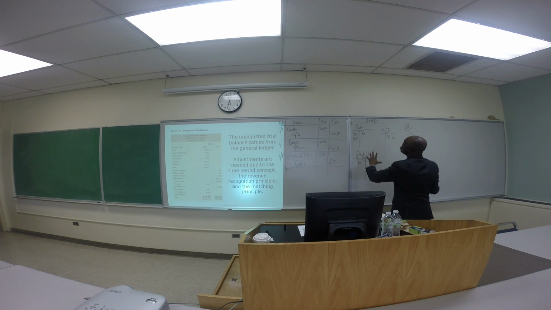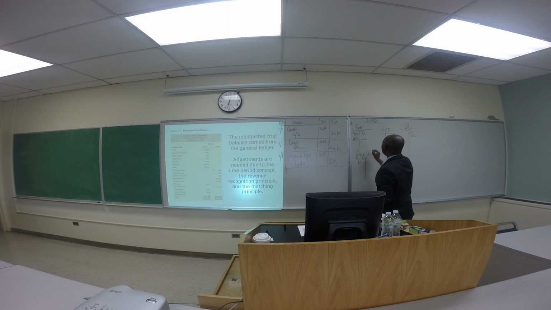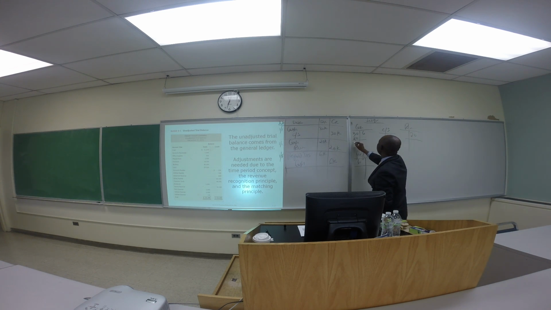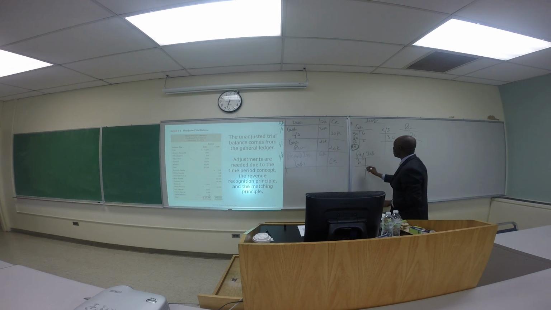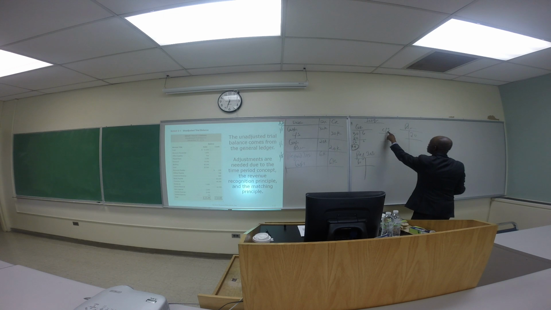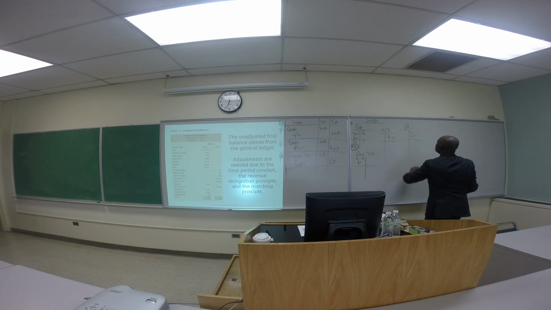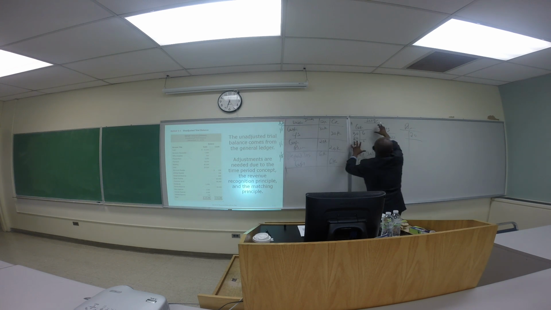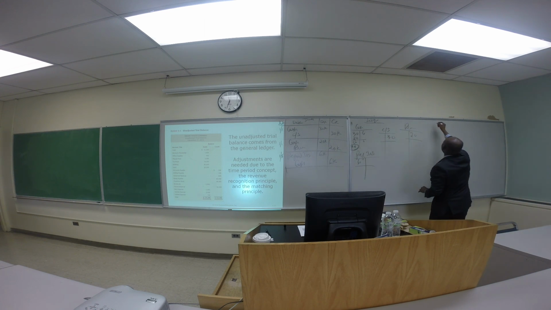So after posting to the ledger, we need to determine the balance of each account. We have 50, we have 6, the difference between this and this is 44,000. So we have cash with a $44,000 debit balance, prepaid insurance is 6,000, common stock is 30, revenue is 20. After posting from the journal to the ledger, the next thing we do is prepare the trial balance.